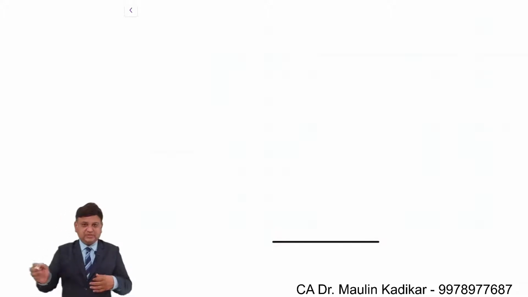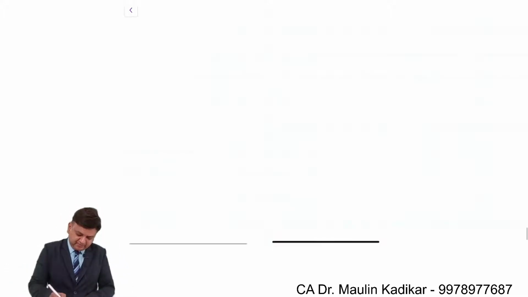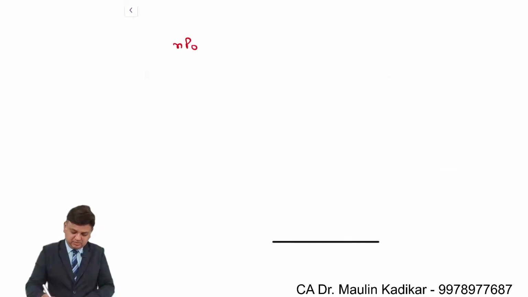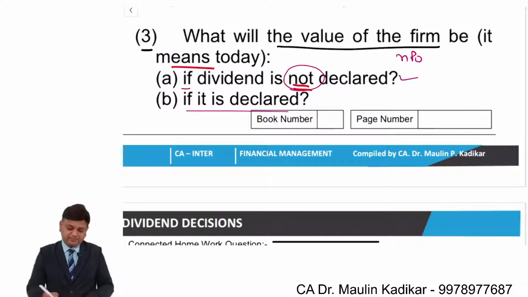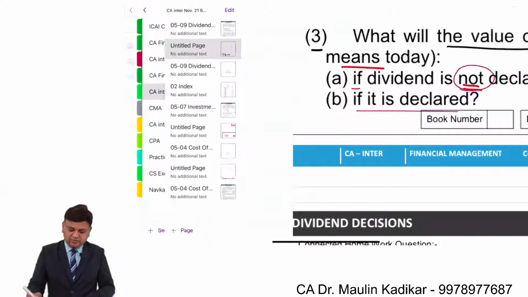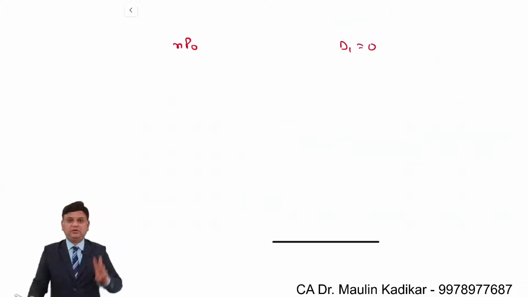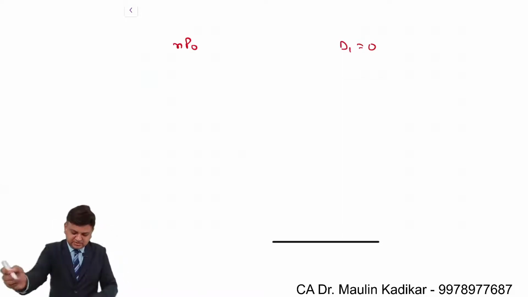So friends, over here the question says you're required to compute the NP0. That is a question in a situation wherein dividend is not declared, that is D1 value is 0. Okay. So let us see how to make the calculation. We know there are 3 steps in which we are required to do the answer. So please write down the answer along with me.